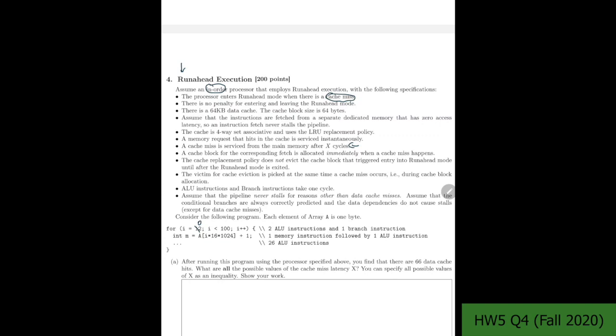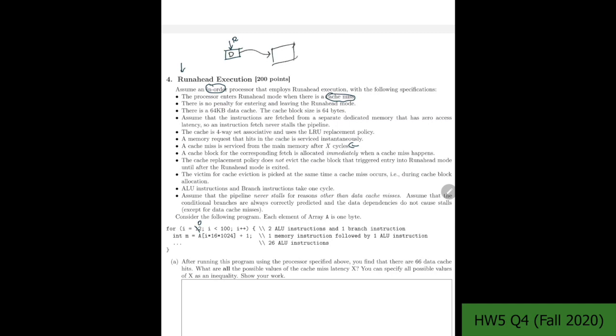If we activate Runahead and we bring one cache block into the cache, and this cache block is the one responsible for entering Runahead, you cannot evict it from the cache. So imagine activating Runahead for this piece of data. If you bring this piece of data into the cache, you cannot evict it until you exit Runahead.